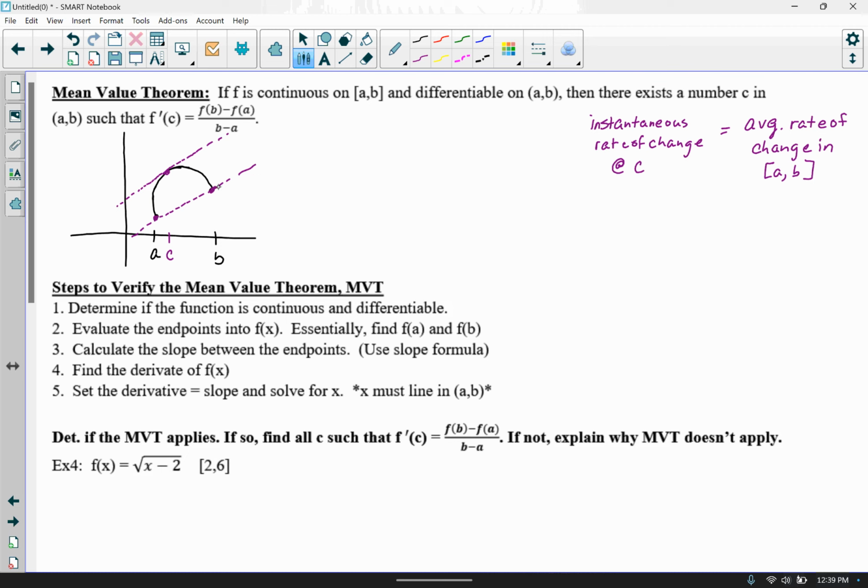I'm saying that the slope of the line passing through the endpoints is equal to the slope of the line passing through that tangent line there, okay?